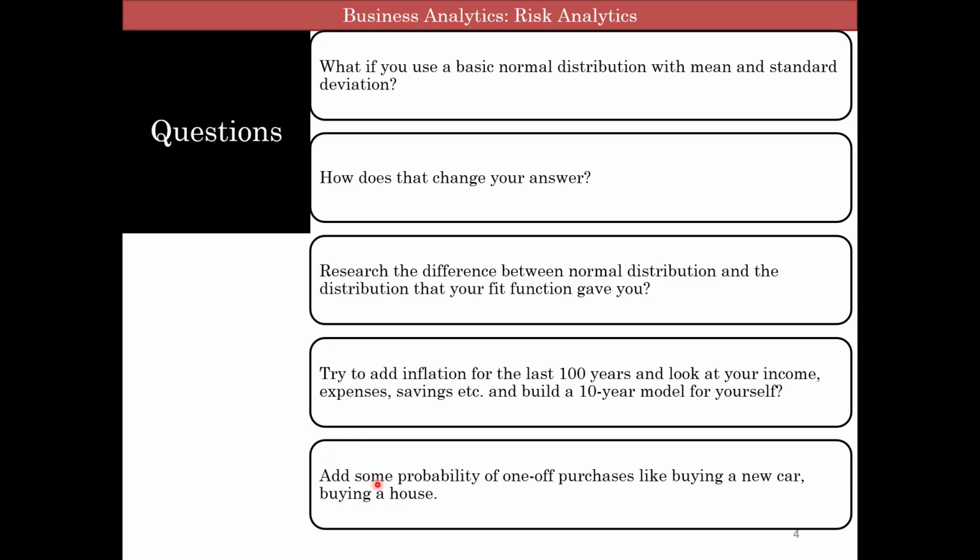So how would you modify your basic income expense model to add these issues? Remember, that'll be a binomial distribution. These are all things you can do, and you can keep a spreadsheet for budgeting with a simulation and keep updating it. So with this, we finish this basic model, and we'll move on to the next.